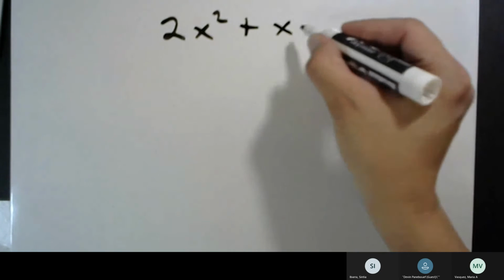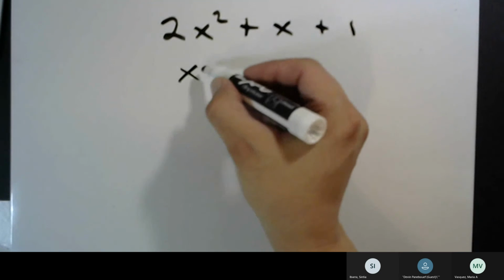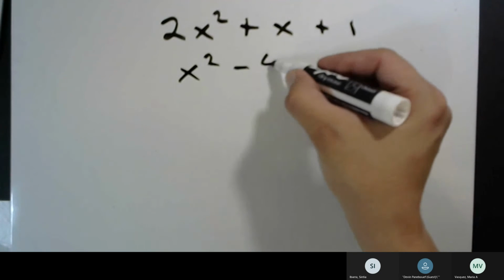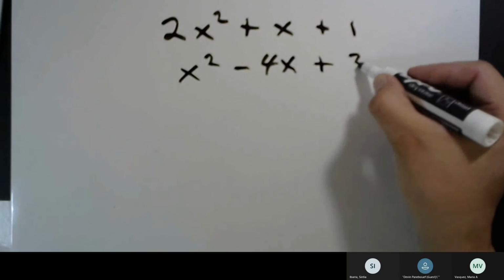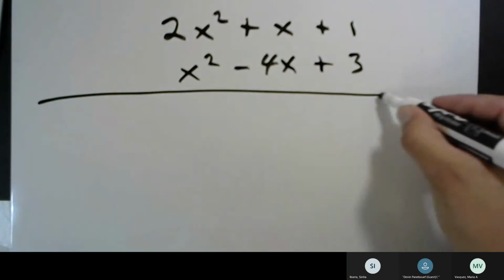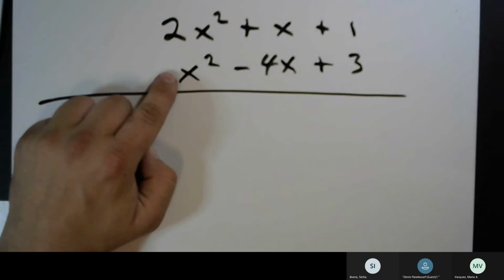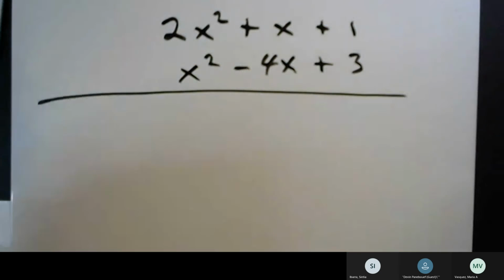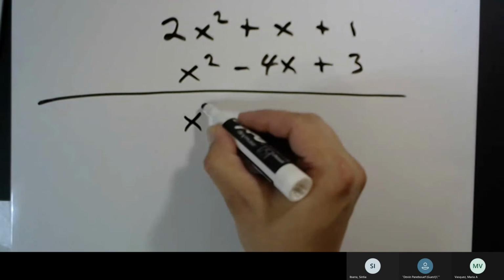So you have 2x squared plus x plus 1 times x squared minus 4x plus 3. So we're going to start with the x squared. So x squared times each of these. So x squared times 1 is x squared.